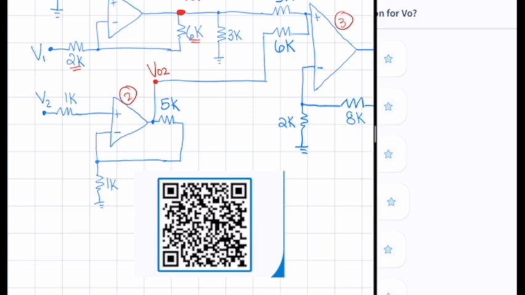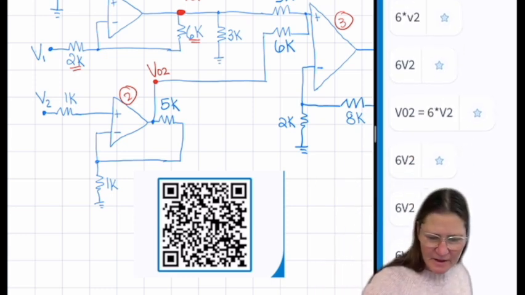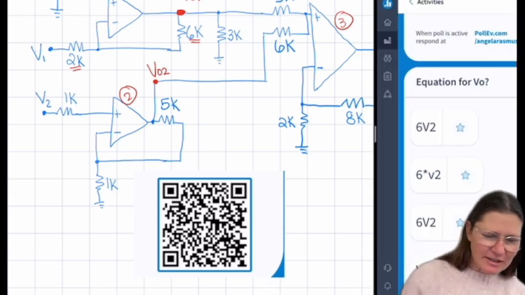All right, looking good. So correct, it is a non-inverting.